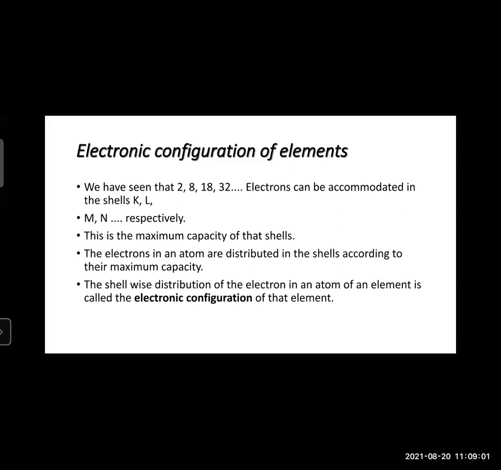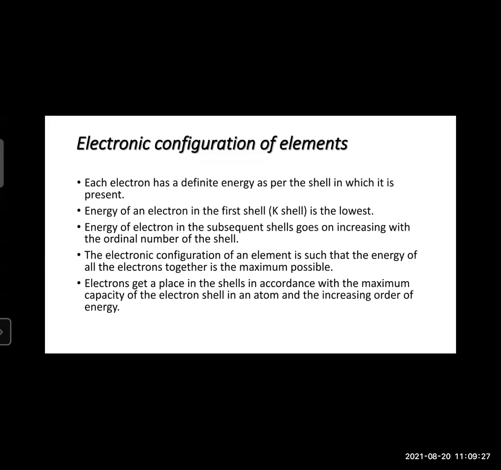Now, the electrons in an atom are distributed in the shells according to their maximum capacity, and the shell-wise distribution of electrons in that atom of an element is called the electronic configuration of that element.